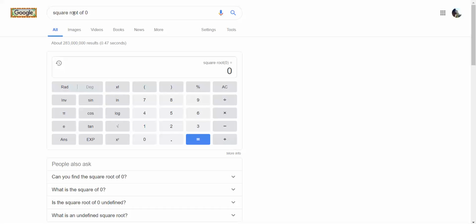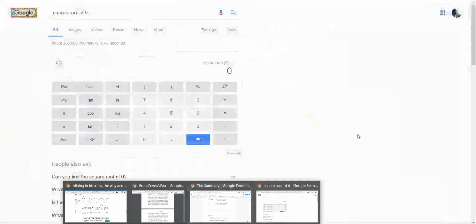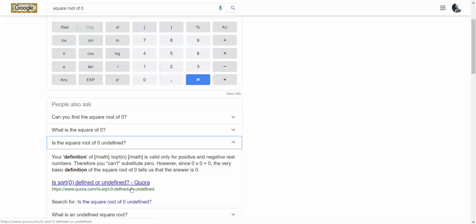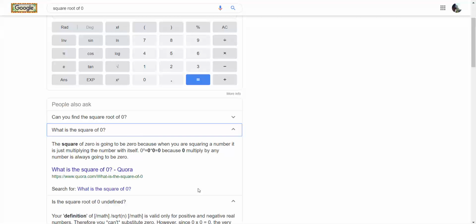Oh my god, that was a silly mistake. So square root is undefined for negative numbers only. It has nothing to do with the 0. Square root of 0 is going to be 0.